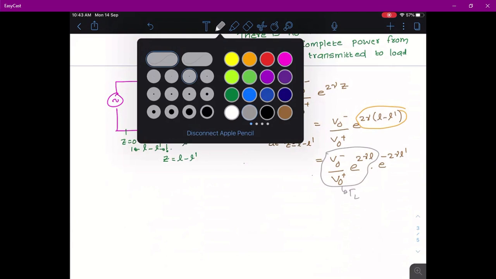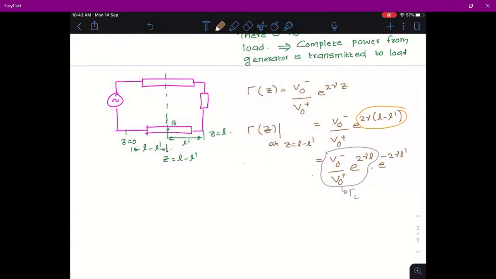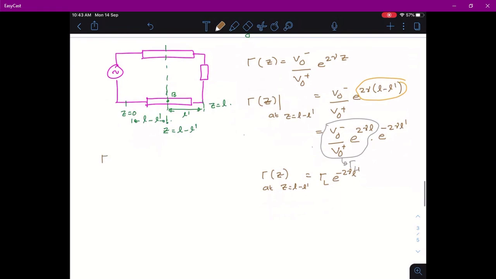So, my tau of z at z equal to L minus L dash is equal to tau L e raised to minus 2 gamma L dash. So, let me write it again.